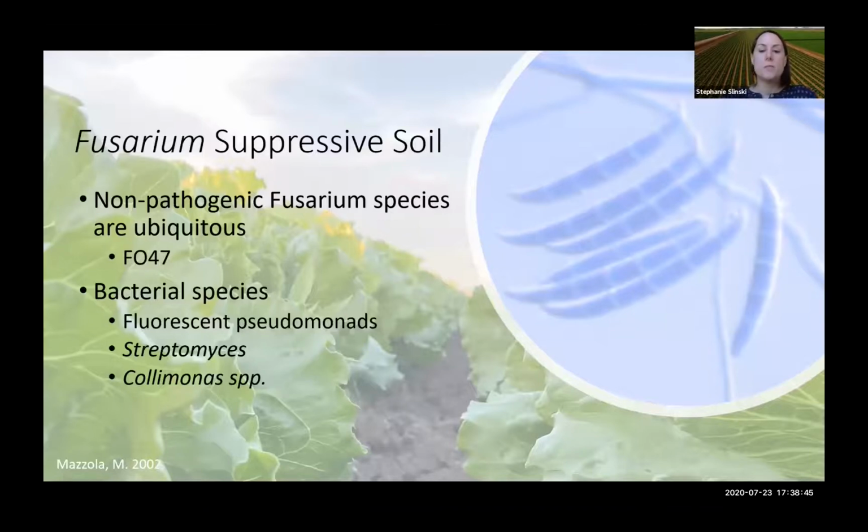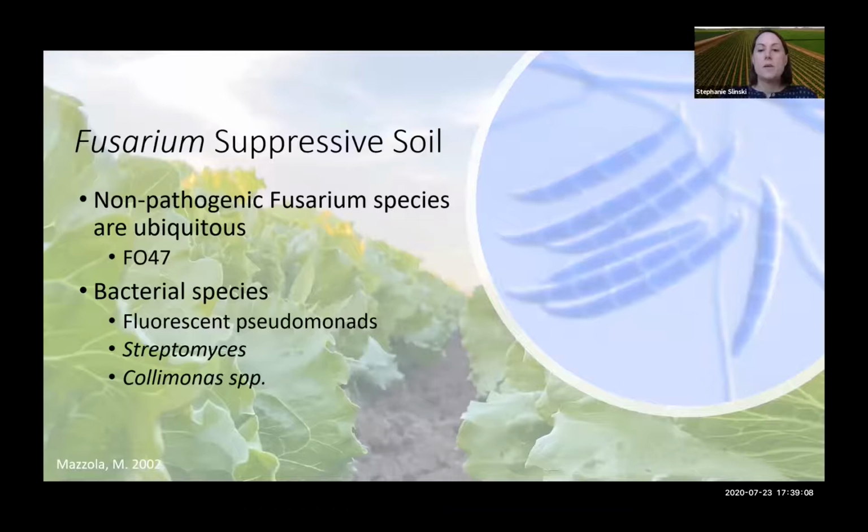Fusarium oxysporum is ubiquitous in the soil, and many of the Fusarium oxysporums that are found in the soil are not pathogenic on any plant species. And these can outcompete pathogenic Fusariums because they are occupying that same niche.